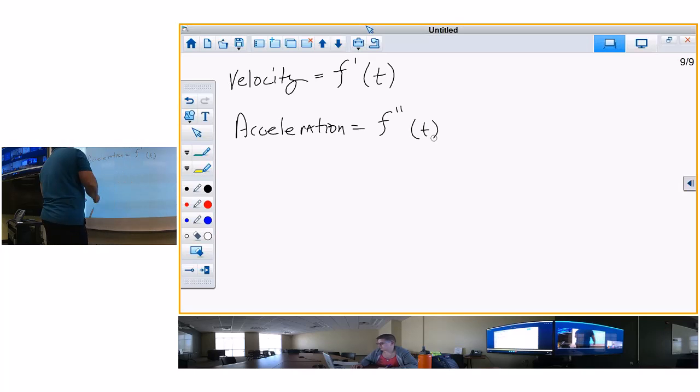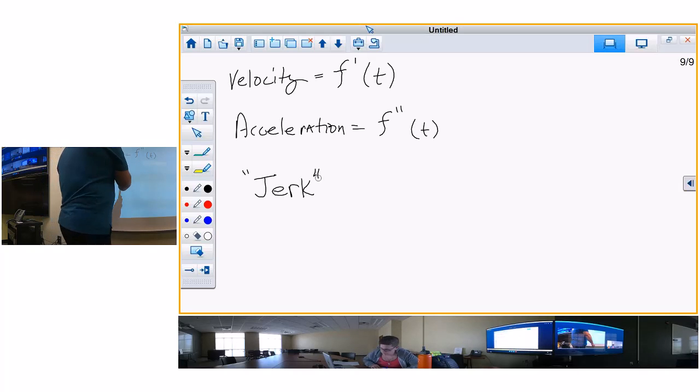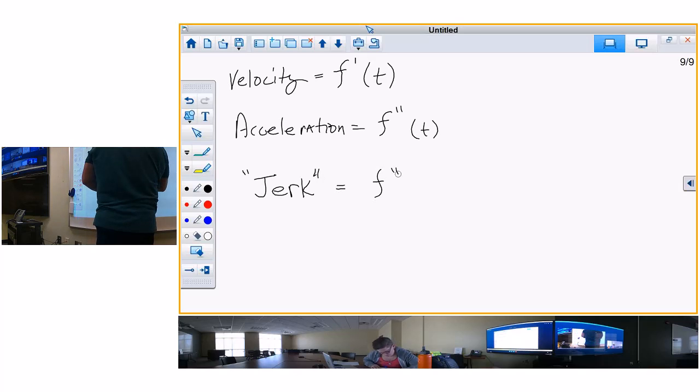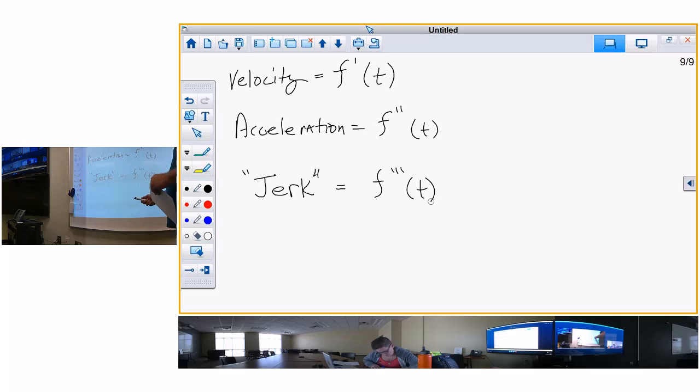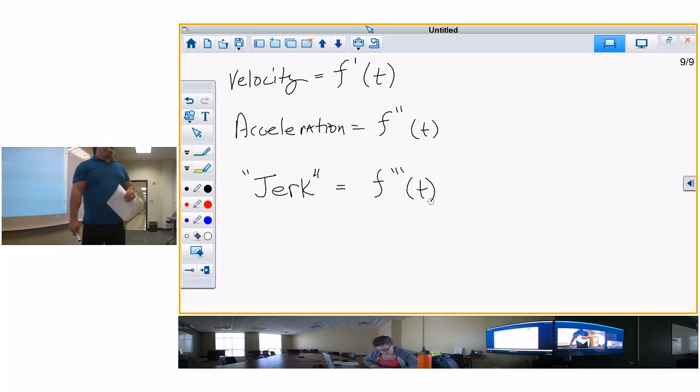And I'll go ahead and tell you right now, the change in acceleration, which is also called the jerk, is F triple prime of t. And you can put in there change in acceleration.